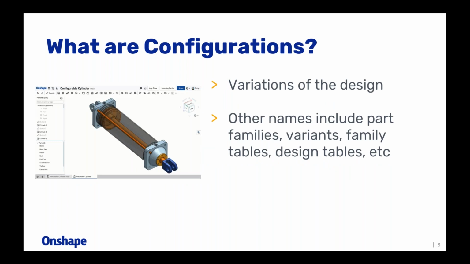Now let's jump into the topic of the day, configurations. If you're new to the concept of configurations, if you're asking yourself, what are configurations? You can think of them as variations of the design. So if you think of certain products, they have many different size variations. That's an excellent example of a configuration.